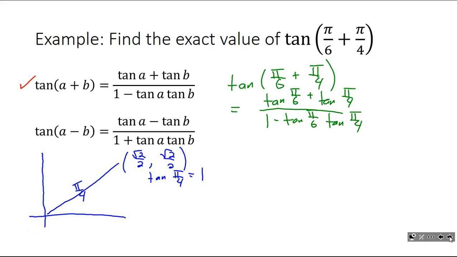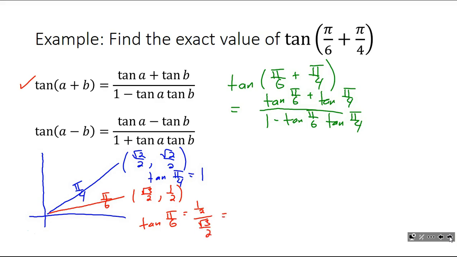Let's now go and obtain the tangent of pi over 6. Once we do that, we can continue with our problem. So for pi over 6, recall that the coordinates on the unit circle are square root of 3 over 2 and 1/2. So let's see what the tangent of pi over 6 is. It would be the y value, 1/2, over the x value, square root of 3 over 2.